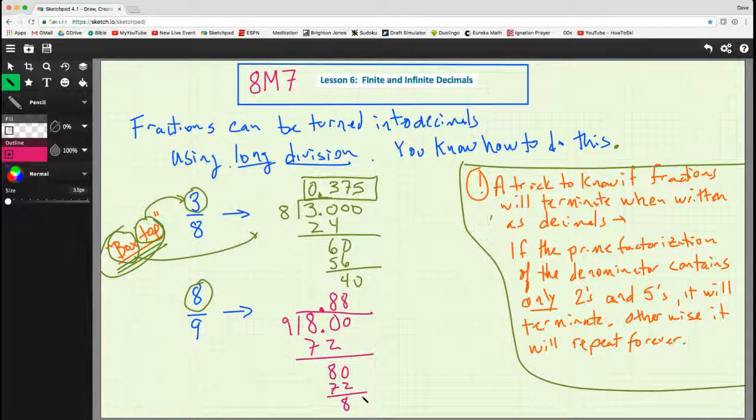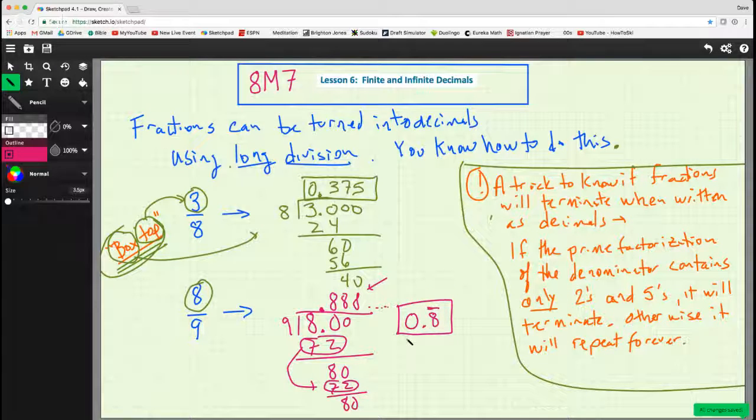And now that we have gotten a number that repeats, if this number repeats here, now we know that we have a repeating pattern. And we can also see it right up here. So this is 0.88888888. So that can be written as 0.8 with a bar over it.